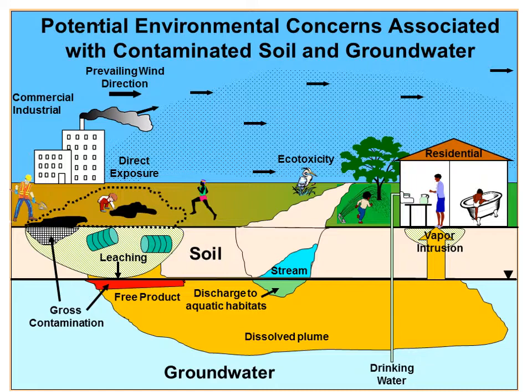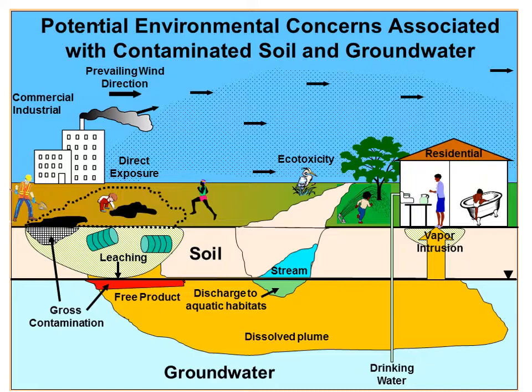We'll talk about this later, but it's really critical to identify these types of problems ahead of time before redevelopment starts. So those are some of the main concerns with contaminated soil: direct exposure, ecotoxicity, leaching of contaminants from soil, vapor intrusion in buildings, and gross contamination. Other potential problems on a site-by-site basis could include things like uptake of contaminants into produce. That's really a more site-specific call.